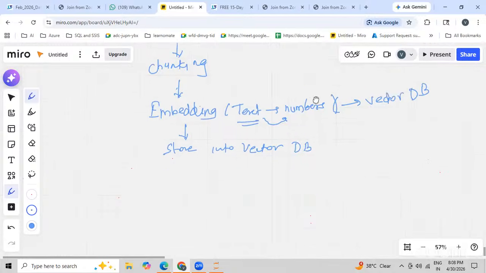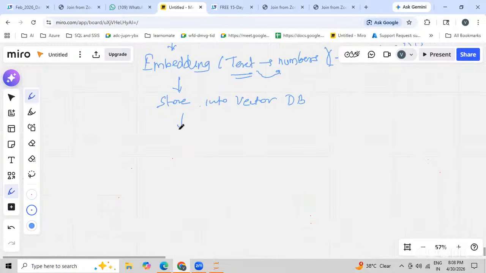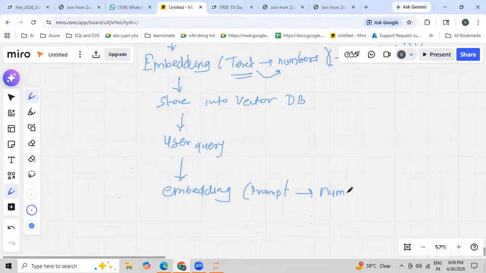After it is stored in your vector DB, what is the next step? You will get the user query, and it will check it. After getting a user query, this query is also converted into an embedding. Embedding means whatever query or prompt you put in is converted into numerical information.